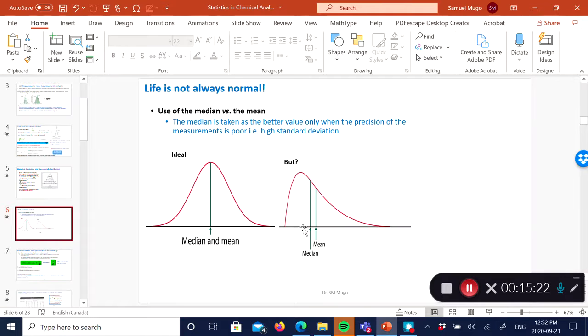In some cases, you may actually get data that has a poor distribution, meaning it's not symmetrical. And so in the event that you get a data set where the distribution or the standard deviation is high, meaning the peak is generally skewed, then in that case, instead of reporting the mean, report the median. Okay? But for a normal distribution, typically the median is equal to the mean.